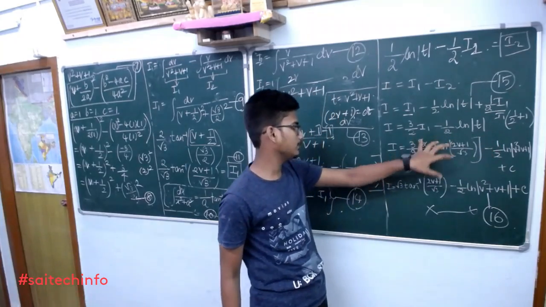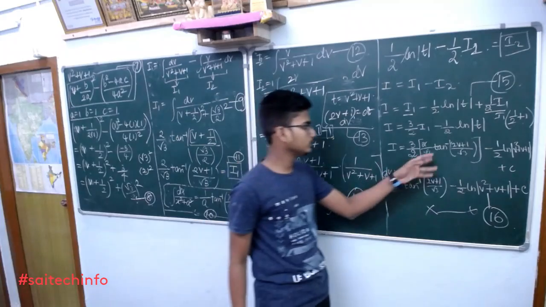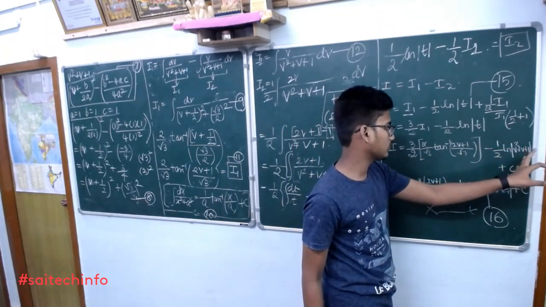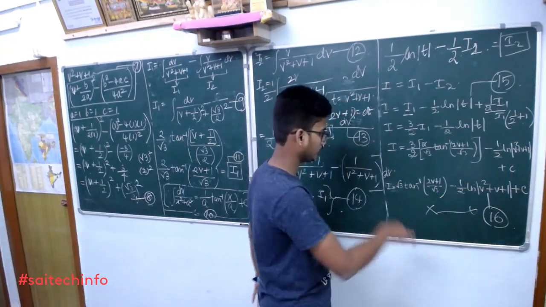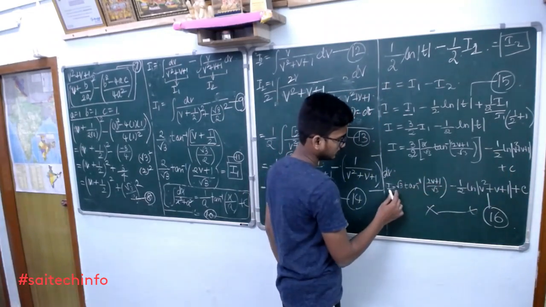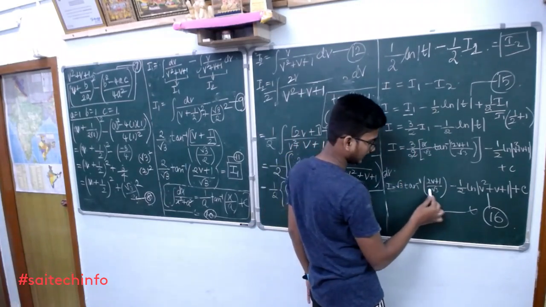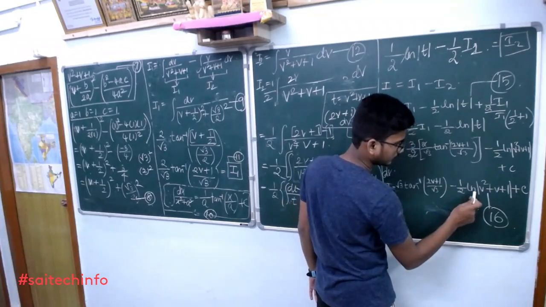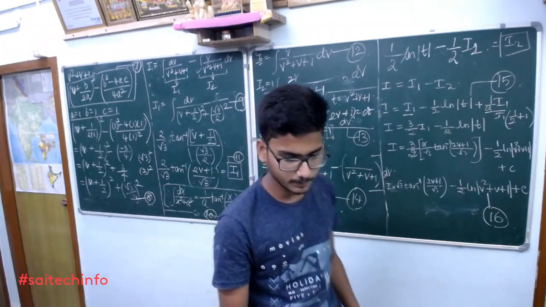So I1 from here is 2 by root 3 into tan inverse of (2v plus 1) divided by root 3 minus half natural log of v square plus v plus 1 plus the arbitrary constant. Cancelling 2 here, we get I is equal to root 3 tan inverse of (2v plus 1) by root 3 minus half into natural log of v square plus v plus 1 plus c. Now we have to go back to the equation.